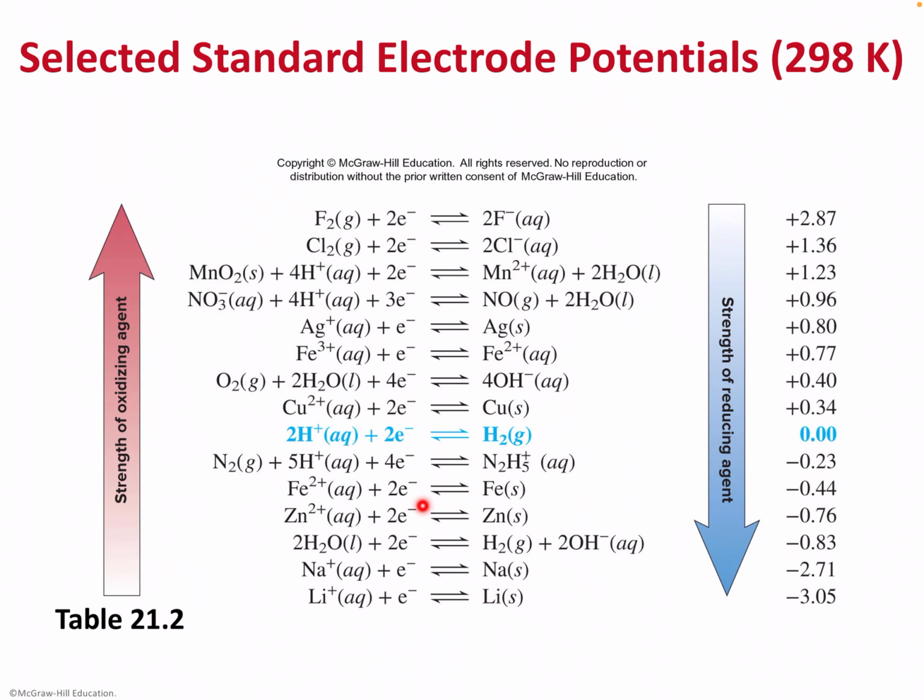So these guys who are below hydrogen act as strong reducing agents. In other words, these are the species that would undergo oxidation in our half cells. And these ones will undergo reduction if they are combined with any of these metals.